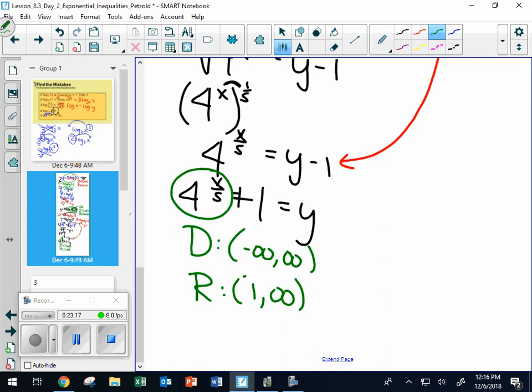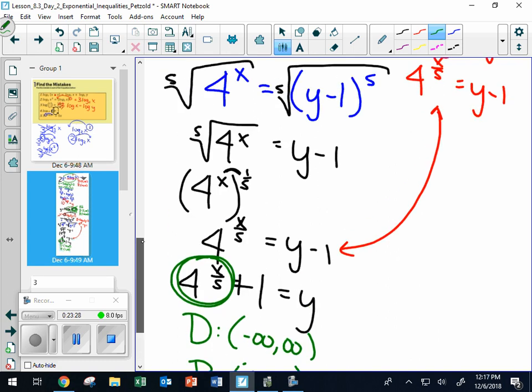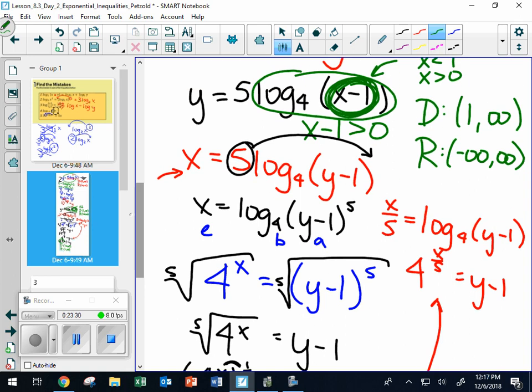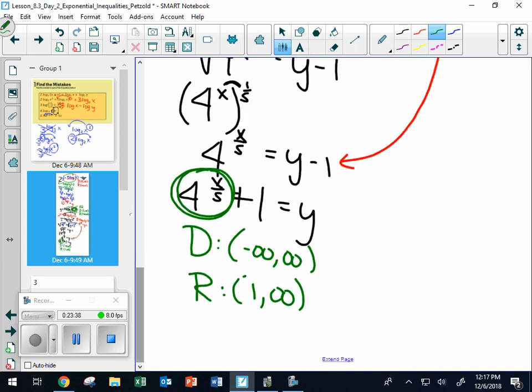Except, even without thinking about what this could be, I already knew what the domain and the range were. Do you know why? If you have an inverse function, what was the domain and the range for my original function? What happened to my domain and range when I looked at my inverse function?